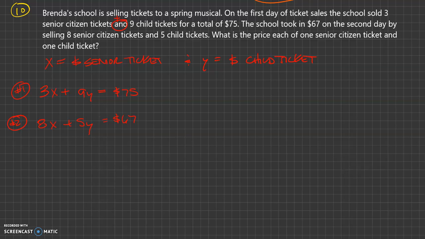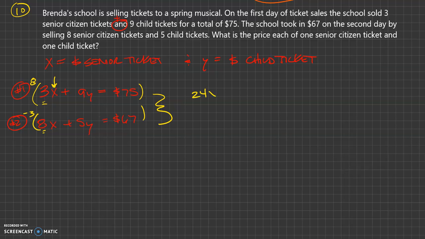Now, when you look at this one, there's no great way to solve this one. I'm going to have to multiply both equations by something. And I think what I'm going to do is multiply the top equation by 8. I'm going to eliminate the x, that is. Multiply the bottom equation by a -3. Why the negative? Remember, you've got to have opposite coefficients with the variable you're going to eliminate.